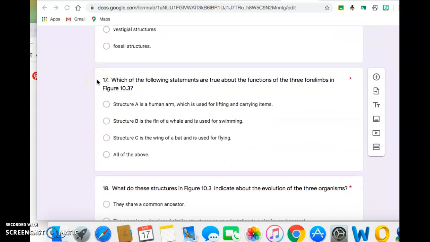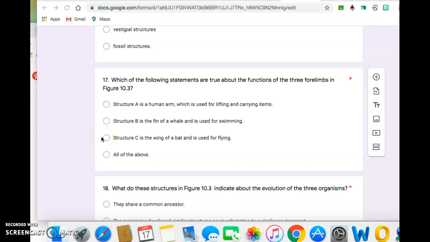Number 17. Which of the following statements are true about the functions of the three forelimbs in Figure 10.3? Structure A is a human arm, which is used for lifting and carrying items. Structure B is the fin of a whale and is used for swimming.